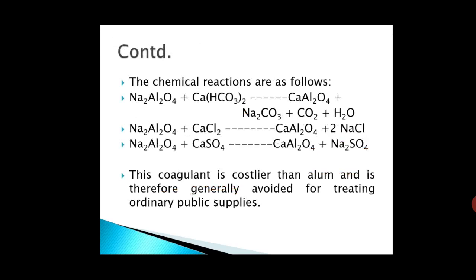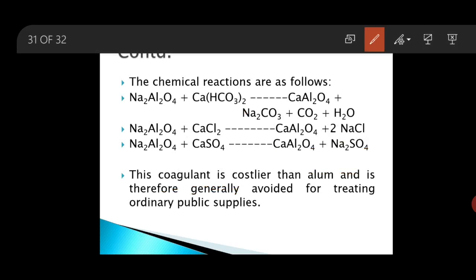For example, if sodium aluminate reacts with calcium bicarbonate, that is the alkalinity in water, it will form calcium aluminate. Similarly, when sodium aluminate reacts with calcium chloride, it will also form calcium aluminate. This calcium aluminate will form the floc.